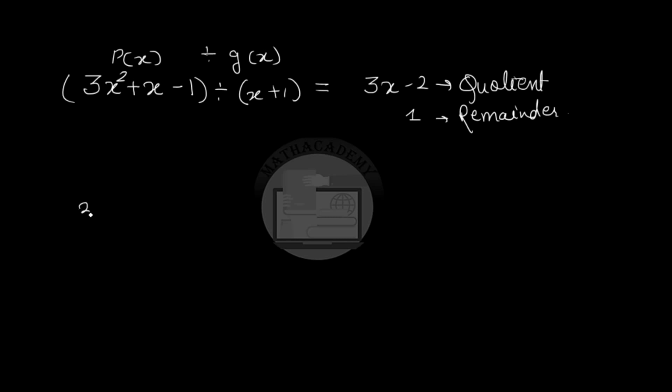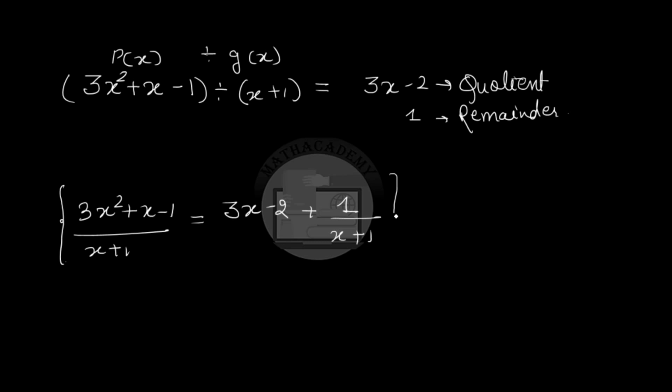So 3x square plus x minus 1 whole upon x plus 1 is equal to 3x minus 2, which is our quotient, plus 1 upon x plus 1, which is our remainder. I hope this representation of the two polynomials in division is clear to everyone.